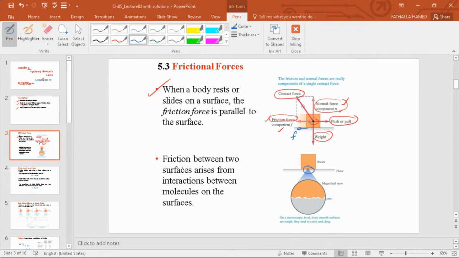As we say here, friction between two surfaces arises from interaction between molecules on the surfaces. And of course, you know that every material is made from atoms, or if you have compounds, they're made of molecules. And if you look carefully with, let's say, good microscopes, you can see these roughnesses. And this is basically what causes friction.